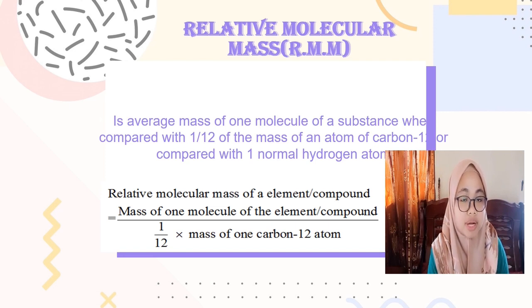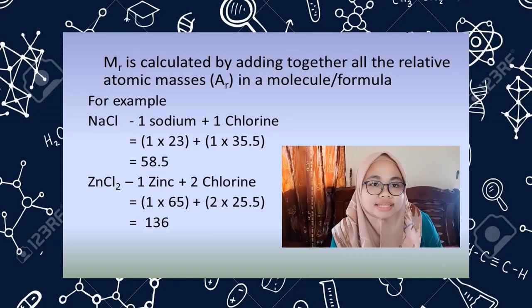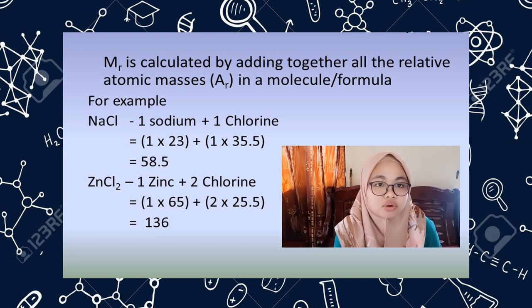For example, to calculate the relative molecular mass, I choose sodium chloride, NaCl, 1 sodium plus 1 chlorine: bracket 1 times 23 plus bracket 1 times 35.5, you can get 58.5.